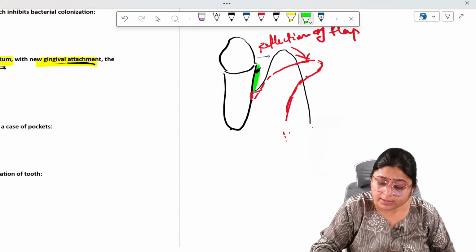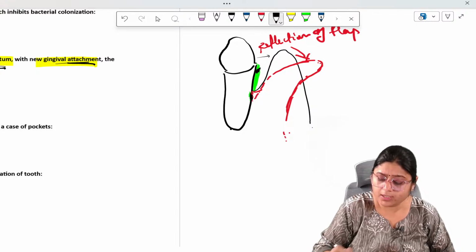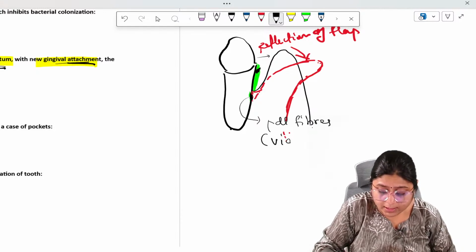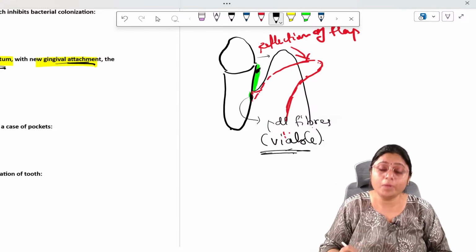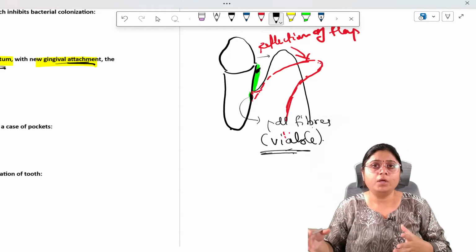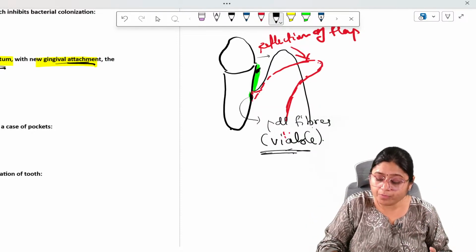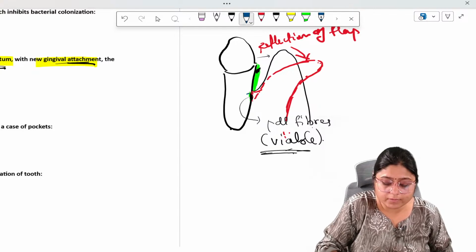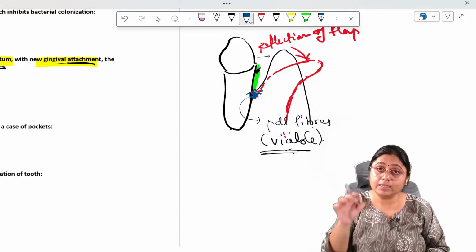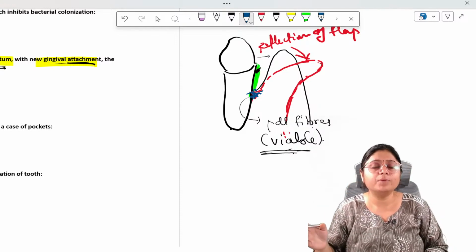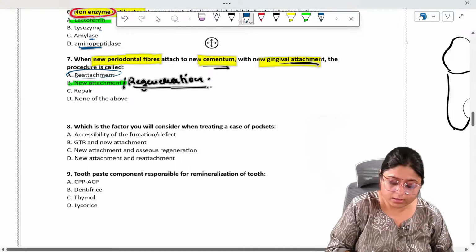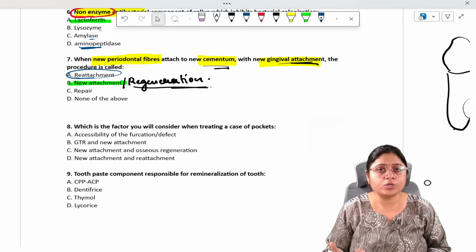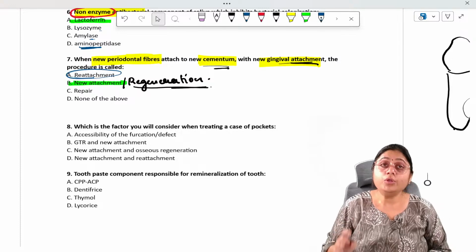It was disease free. So here the periodontal ligament fibers are viable, the cells are viable. These viable PDL fibers from the connective tissue, as well as from the bone and the tooth, will come in contact with each other and start reattaching themselves here at the apical region from where the flap has been elevated. That is what is called reattachment. I hope now what reattachment is is clear, and I know most of you know what repair is. Repair is healing by long junctional epithelium. So the answer here is new attachment.